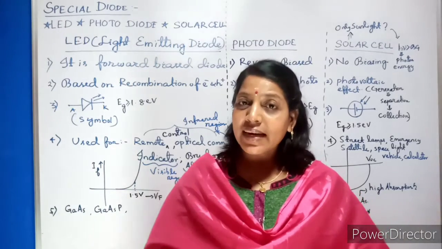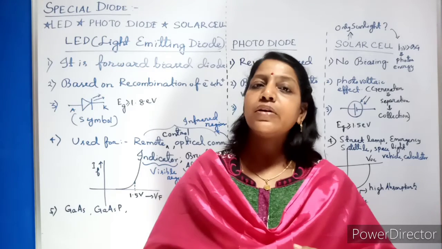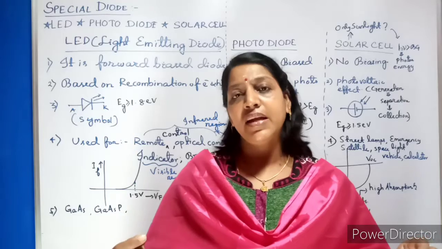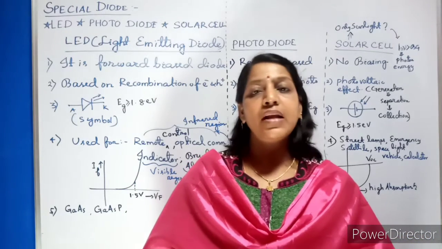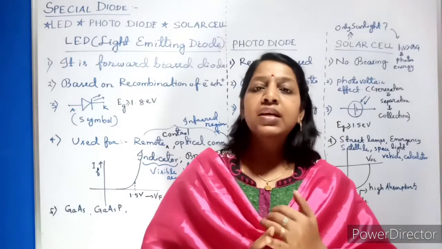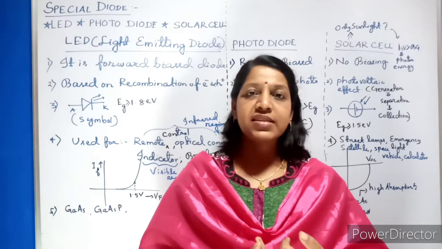After that they will be collected at the two terminals, that is your P side terminal, the anode, and the N type terminal, that is the cathode. With the help of that we are able to collect them. So what is the process happening here? Generation, separation, then collection.